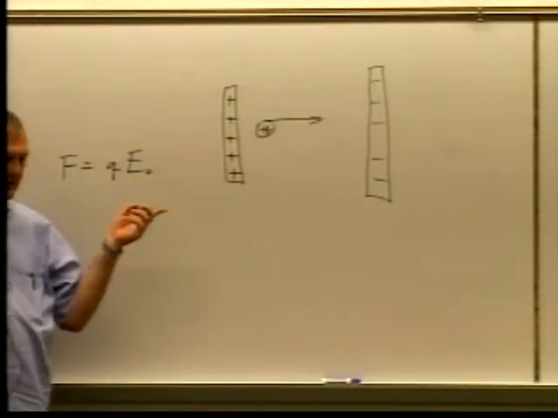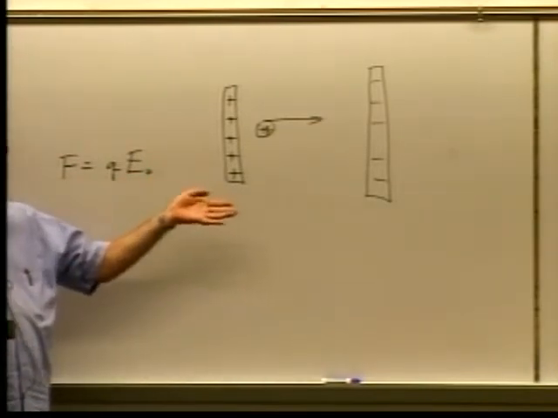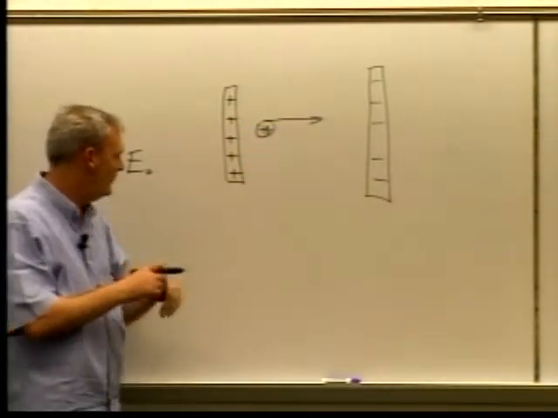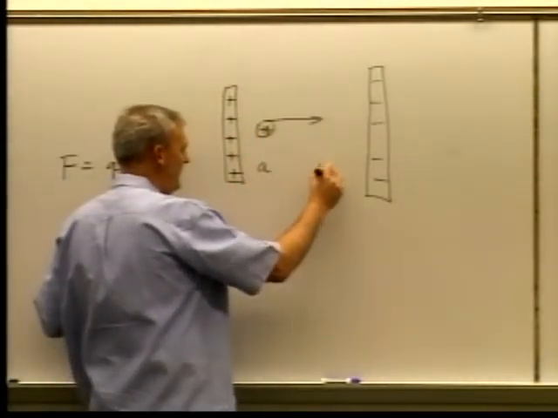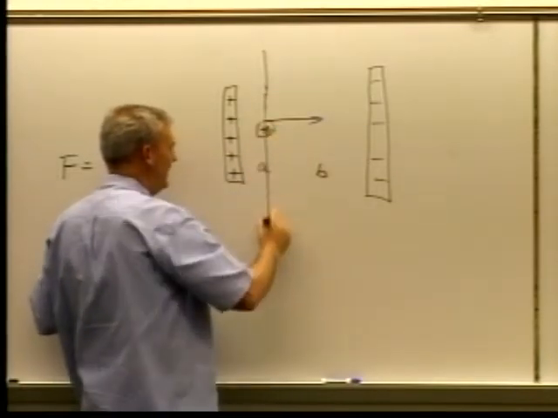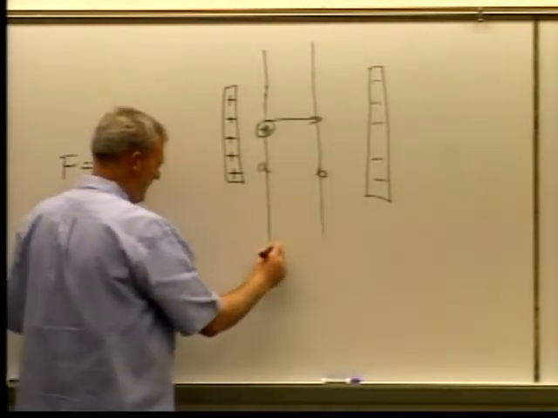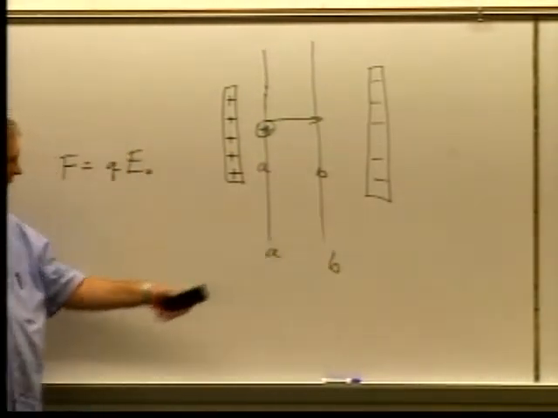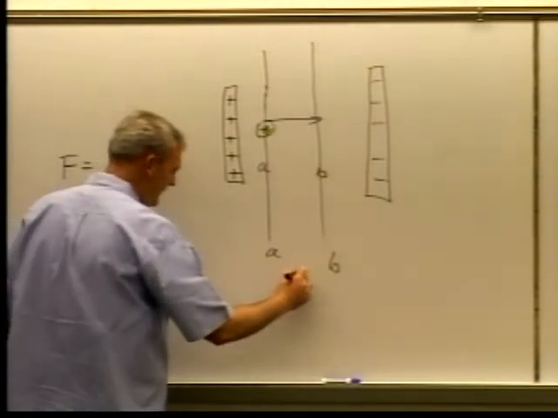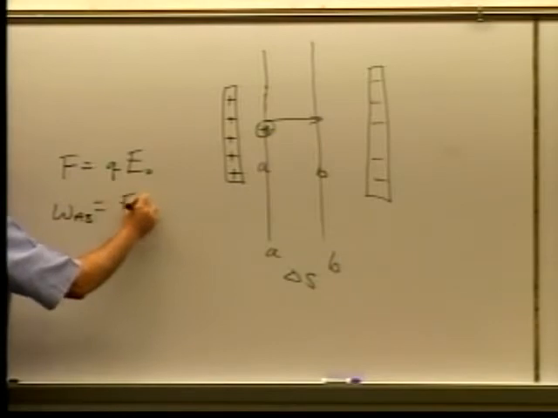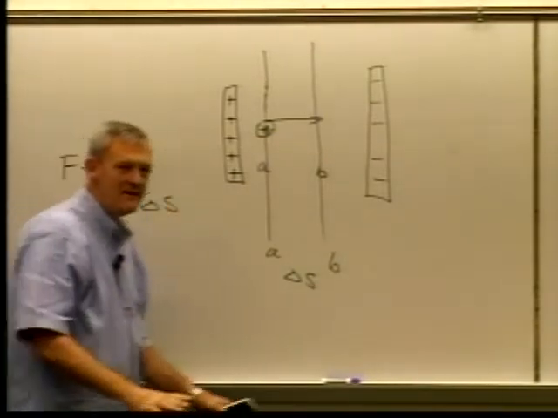So therefore, inside a parallel plate capacitor, the work that it takes to move this charge from, say, a point A to a point B, let's just draw some lines like this. This is from A to B. To go from this distance delta S from A to B, the work required is equal to force times delta S. Luckily, the force stays constant.